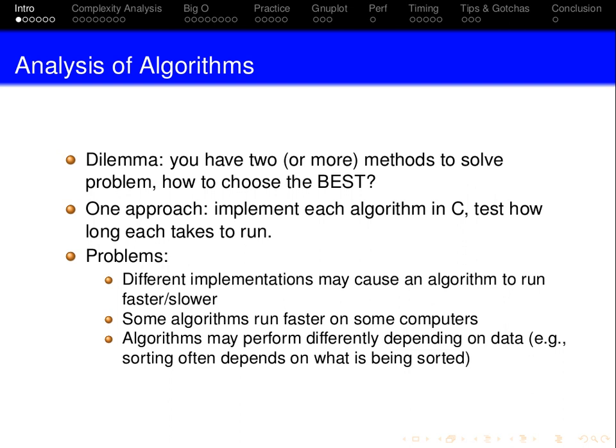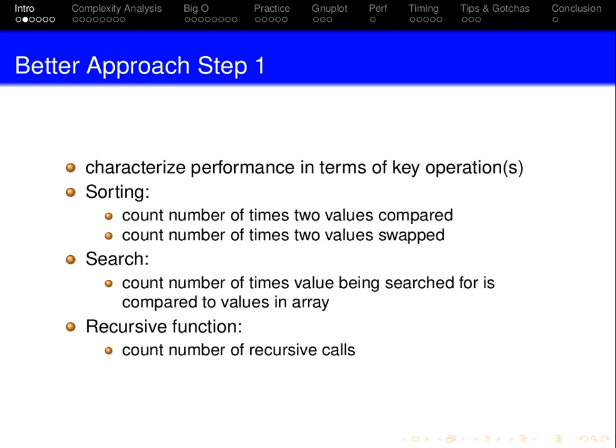We're going to ignore that for this class, but when you get to architecture, you'll figure out why that's the case. And they may perform differently on data. For example, sorting often depends on what's being sorted. One algorithm, if the data is already sorted, will return after one quick pass. Another one still has to sort everything before it's done. But the one that ends in one quick pass actually takes forever if it's not sorted. So there are different problems with this approach.